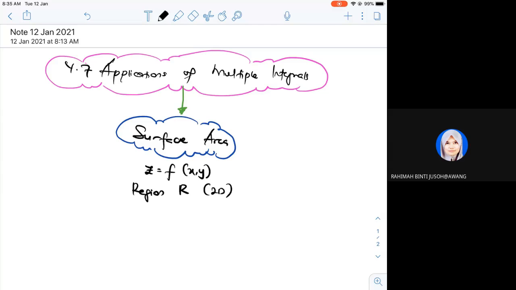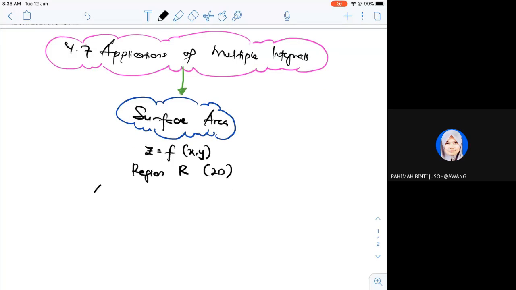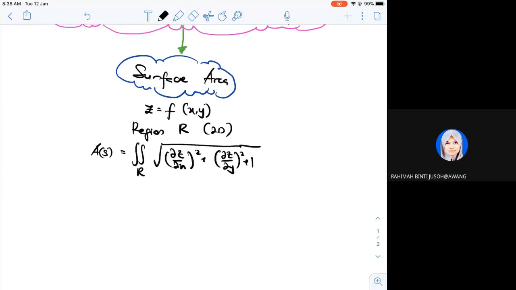And the formula of surface area is S equals to double integration towards region R. We will have square root of del Z over del X squared plus del Z over del Y squared plus 1. So this is the formula of surface area, and then this integration, of course, with respect to A.